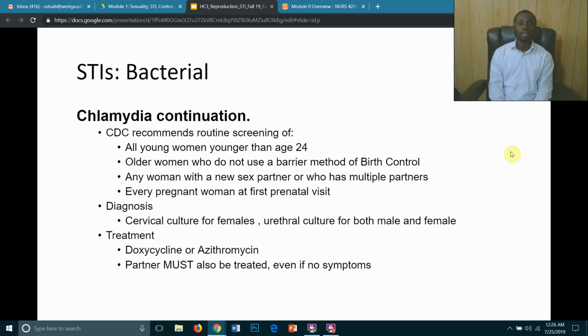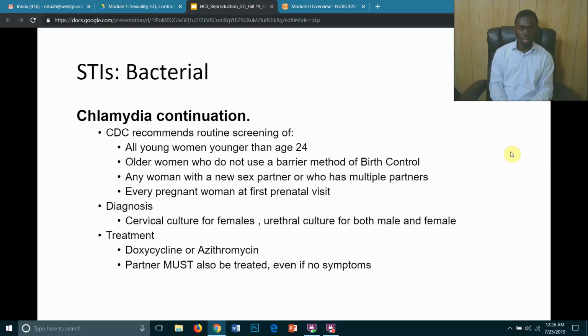The CDC recommends routine screening of all young women younger than age 24. So if you have a client that is coming in for a prenatal visit, if they are younger than 24, then you are going to educate them about the testing of chlamydia and then go ahead and test them.